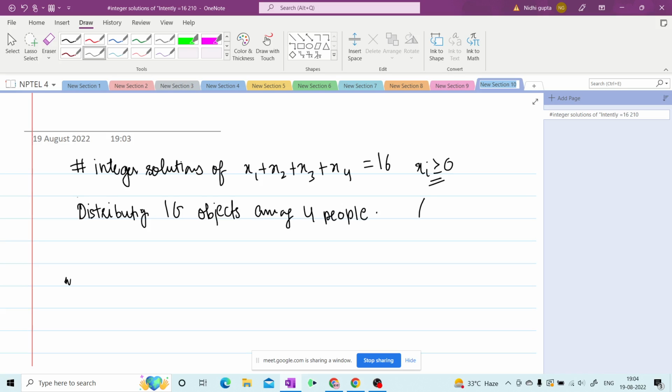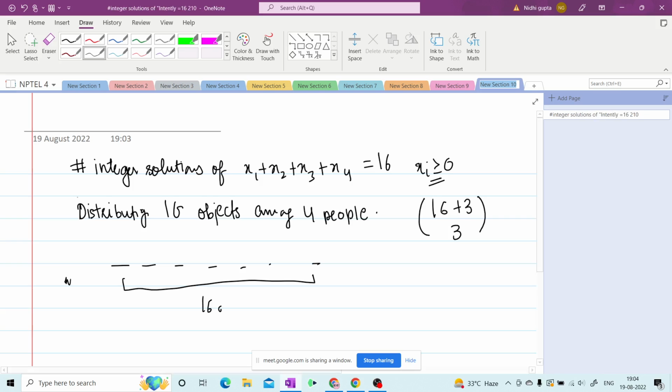This will be 16 plus 3 choose 3, because you have 16 objects and you have to put three lines, since there are 4 people.